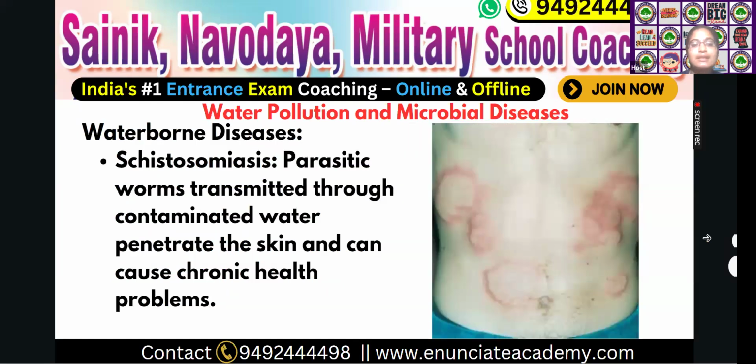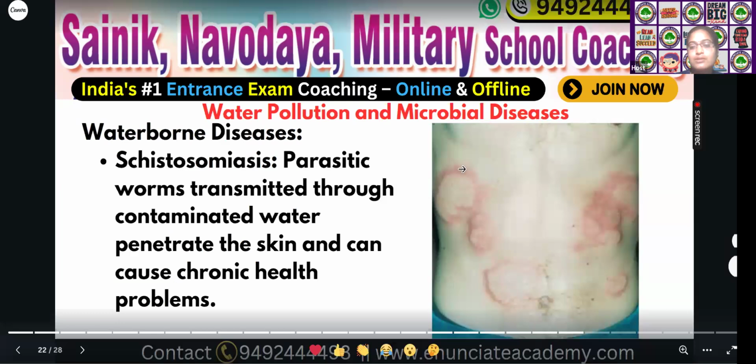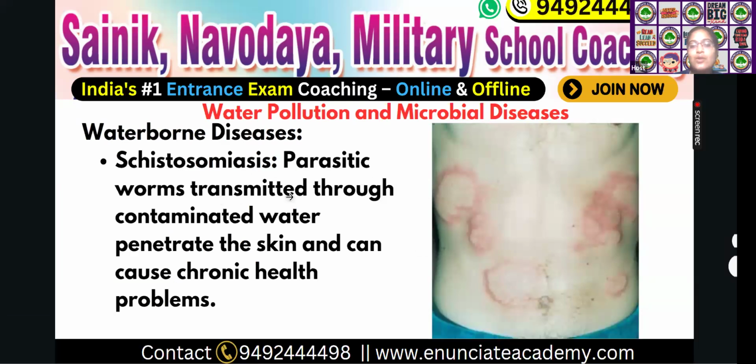The next one is schistosomiasis. Parasitic worms are transmitted through contaminated water, penetrate the skin, and can cause chronic health problems.